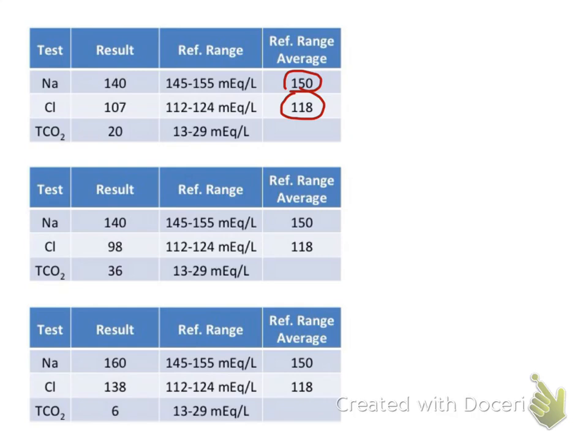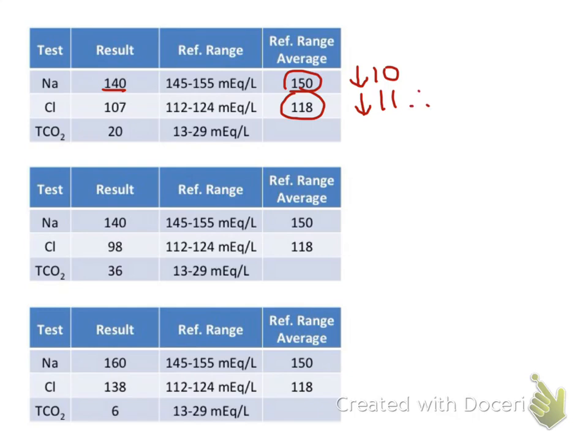So sodium is decreased 10 units from its average. So 150 minus 140 is 10. Chloride is decreased 11 units from its average. 118 minus 107 is 11.